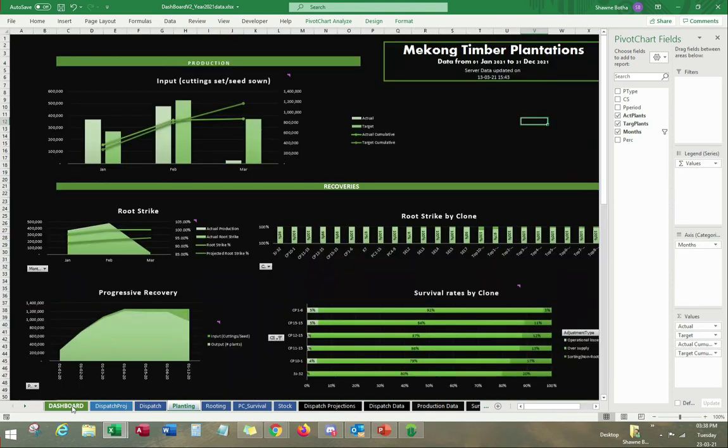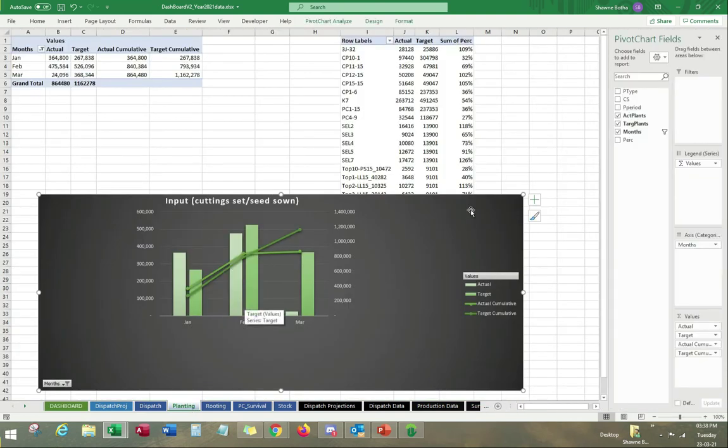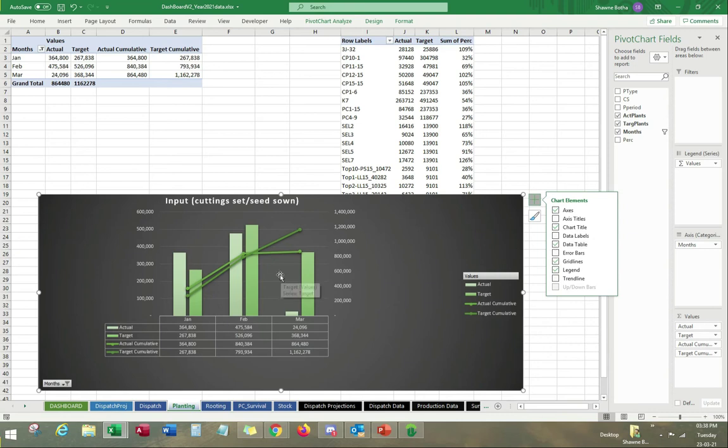Just a quick note, you'll notice that I haven't used any data tables. Based on so many clones and so many periods, it is a very difficult thing to report clearly and make readable, so I decided against data tables. But if you want data tables, it's really simple. There's your data table.